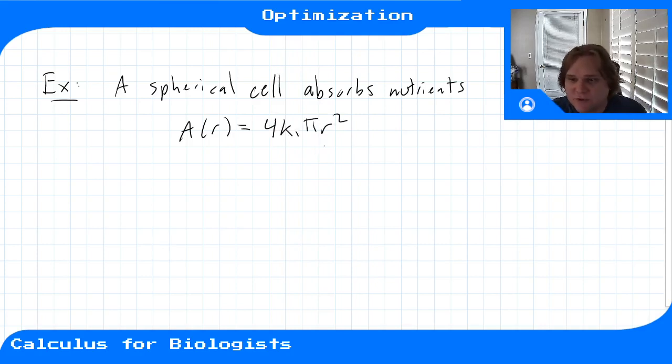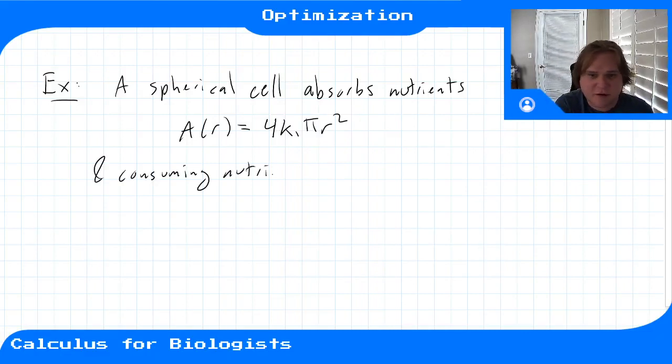So it's proportional to the surface area, I think. It's absorbing nutrients on the surface area and consuming nutrients according to the function C of r, which is proportional to the volume.